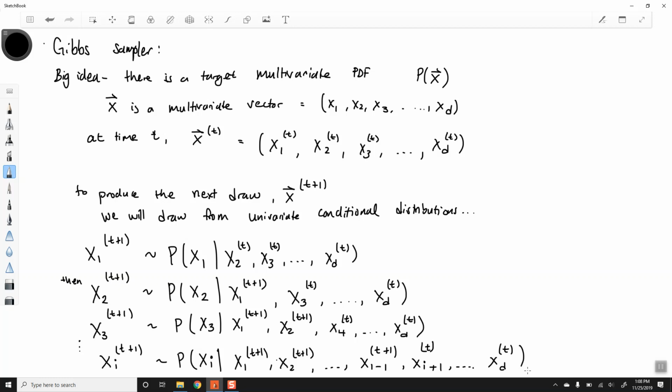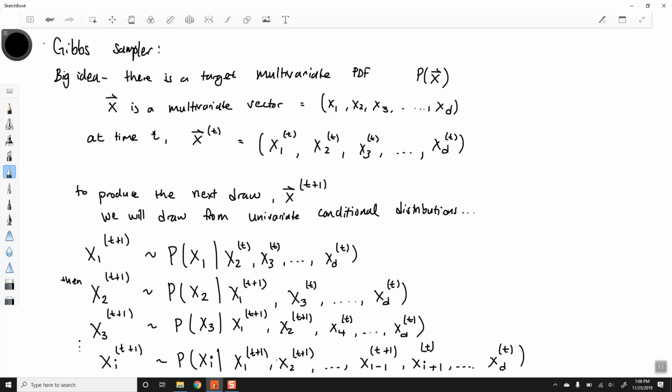This last line is pretty much the Gibbs sampler. If x is a vector of 20 dimensions, to draw the 12th value, you would have already drawn the previous 11 values for the next iteration and lock those in. You haven't drawn values 13 through 20, so you use the most current value, which is from the older iteration.